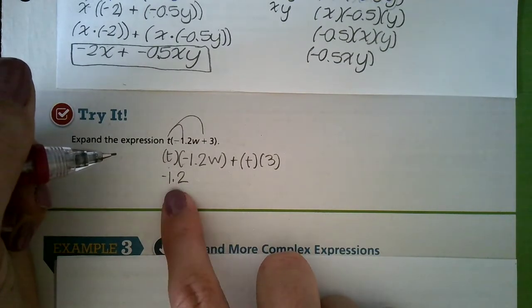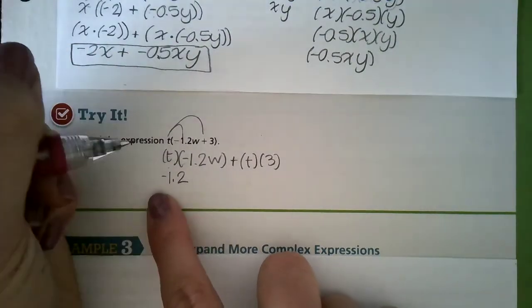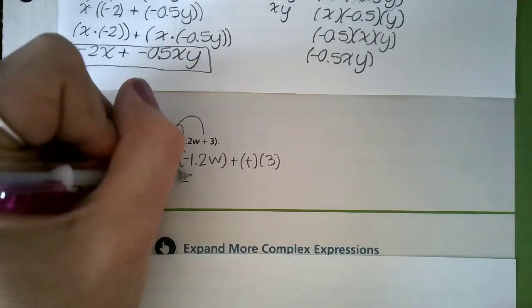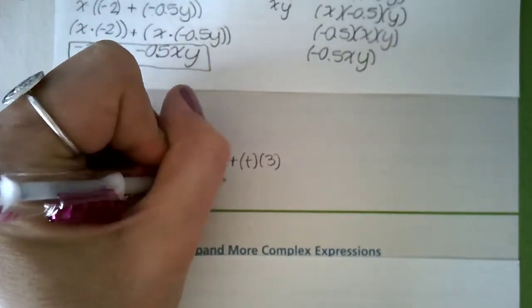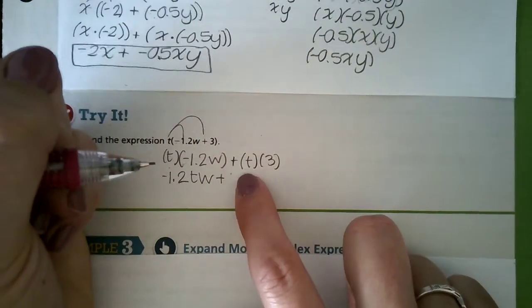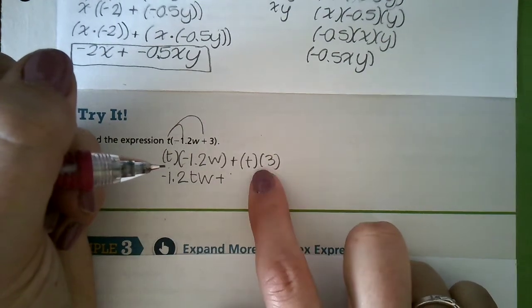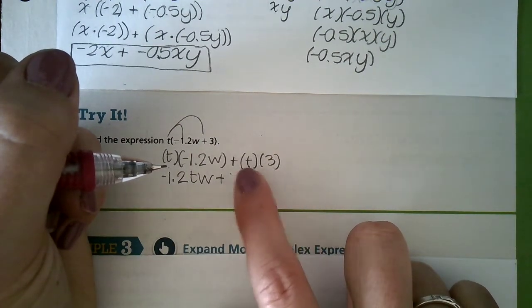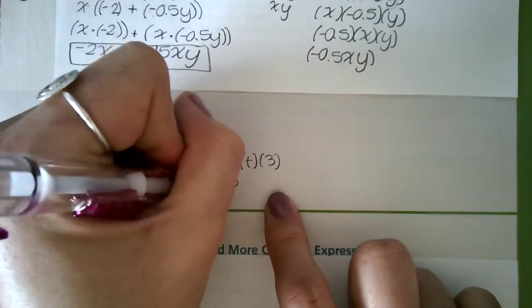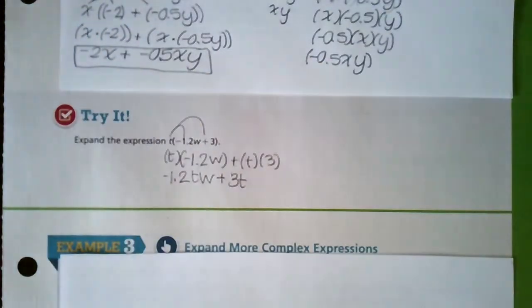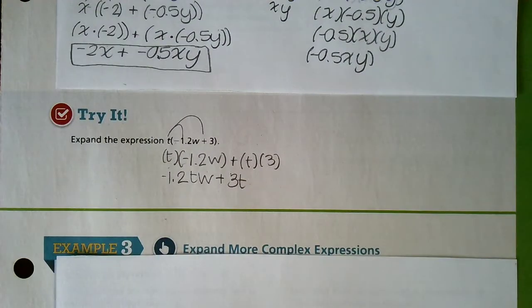Here, this number goes in front of my variable. So I'm going to write this as negative 1.2 tw plus, I could leave this as t times 3, but that looks really weird to me. So I always want to remember to write that number in front of the variable. So there's our final answer.